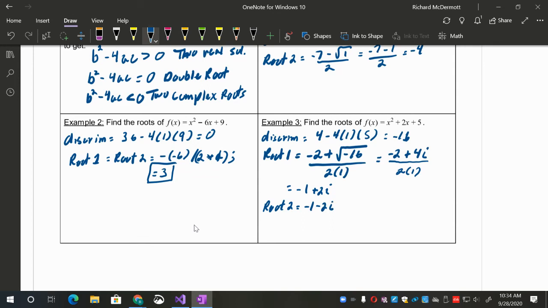So here are examples so that you know what your output should be. If your input is 1, 2, and 5, A equals 1, B equals 2, and C equals 5, then your output should be negative 1 plus 2i, and then negative 1 minus 2i.